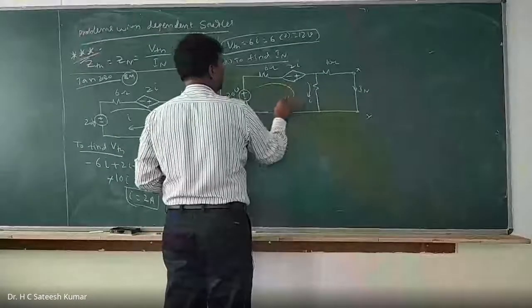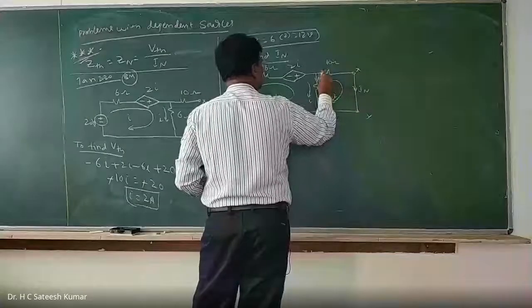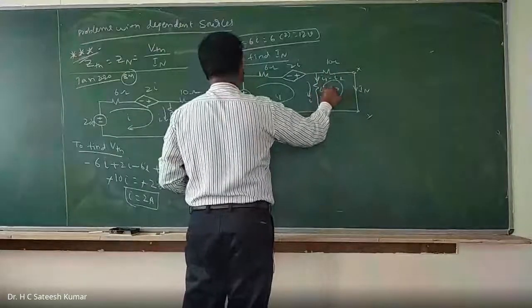Now you make this one I1, this one I2, and this is nothing but I1 minus I2, this is 6 ohms.